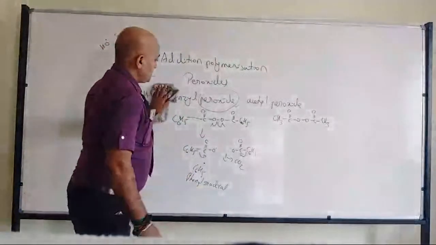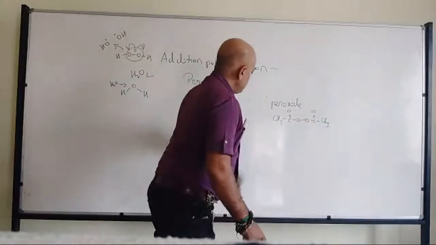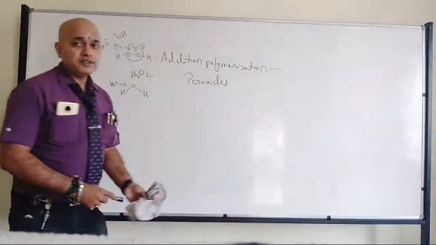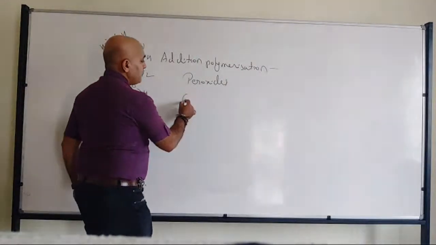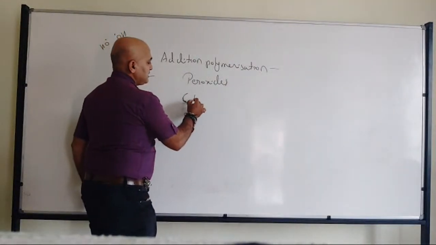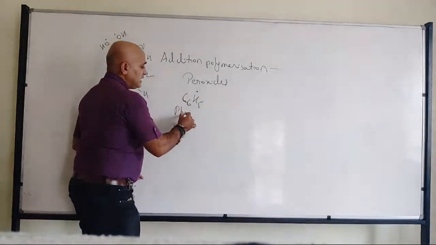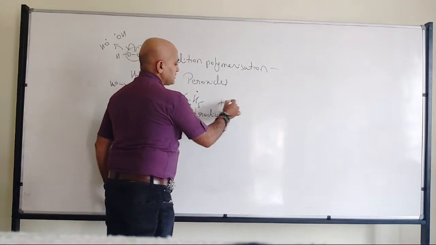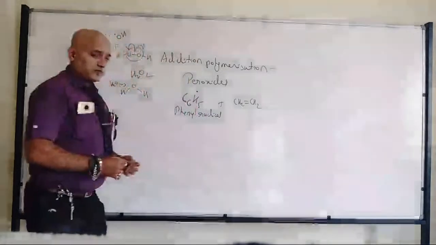Remember this molecule. Now, we'll go with the example of polyethylene formation. Whatever phenyl radical is there, it's going to react with CH2=CH2.